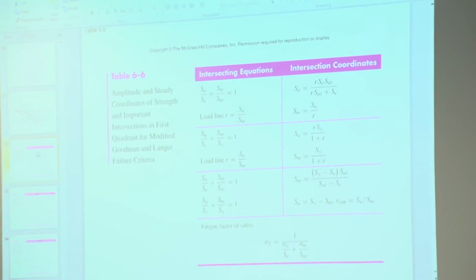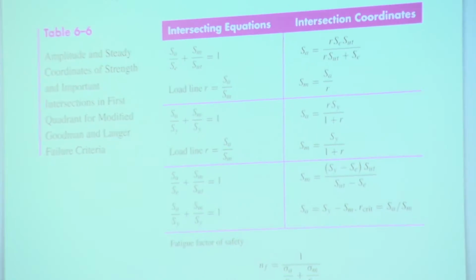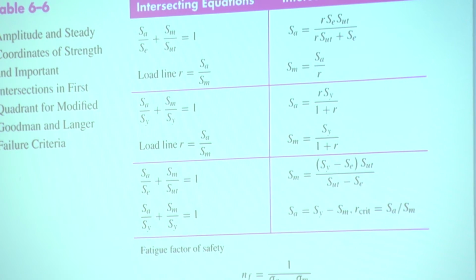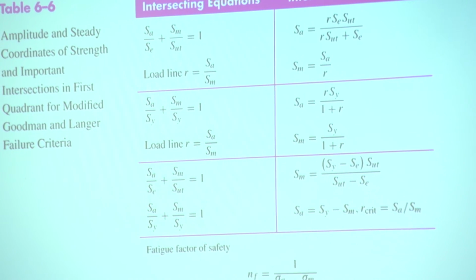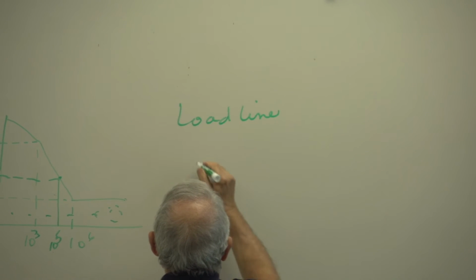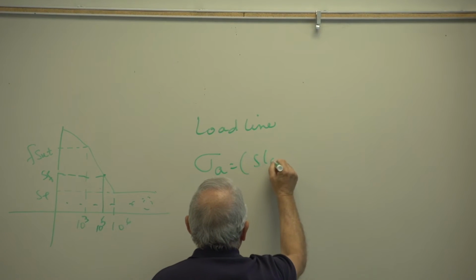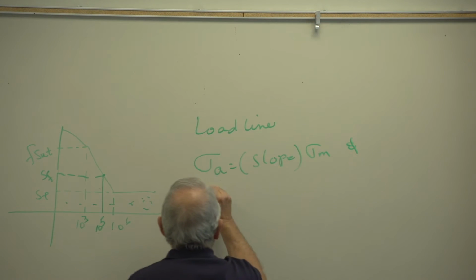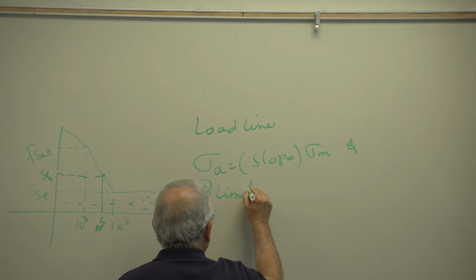The intersecting equations, those are the 2 equations of the load line and the strength line. And notice that these equations you can write very easily. Of course, the load line is just sigma A equals M sigma M. Load line, and at limit, and that's where we look at it.